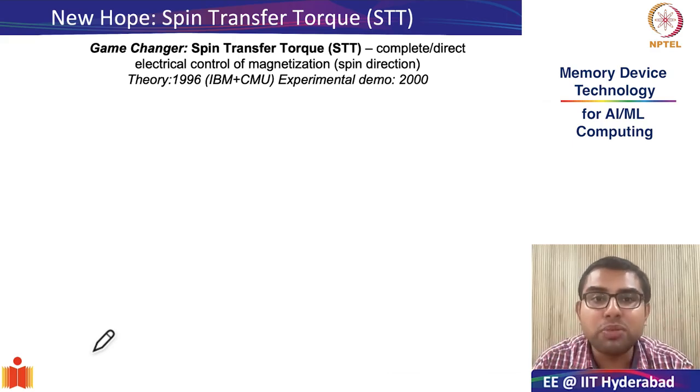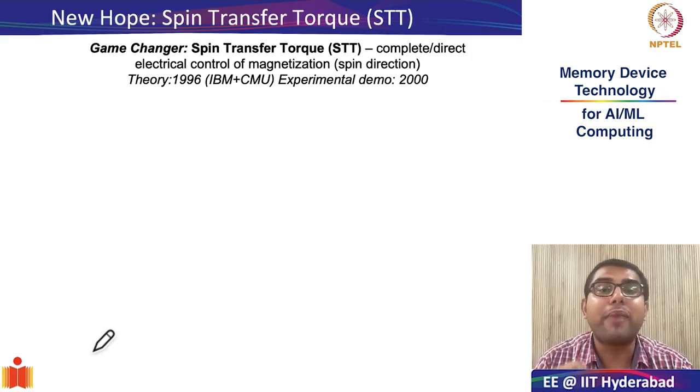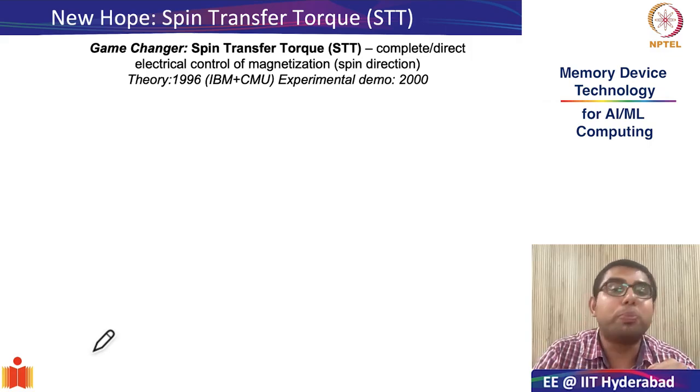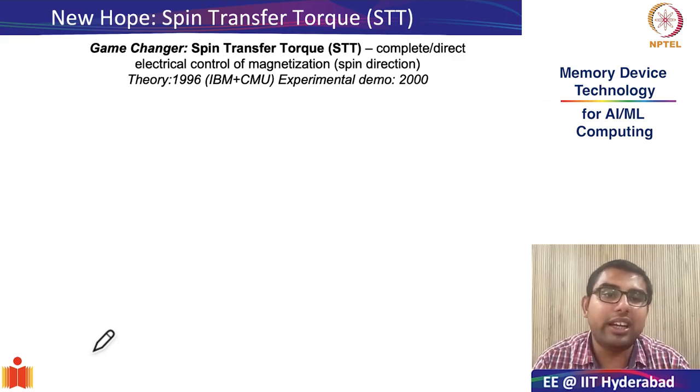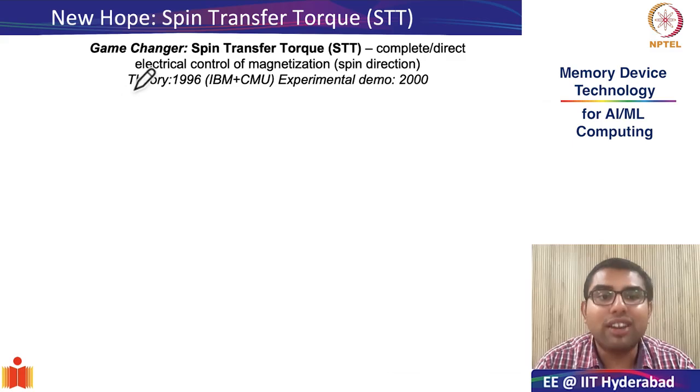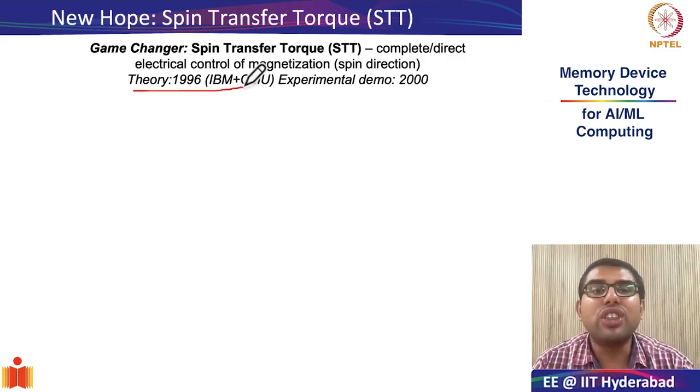And the promise of spin transfer torque, as we will see soon, is the complete and direct electrical control of magnetization or spin direction, majority spin direction in the free layer. One of the interesting things about STT is that first it was predicted in theory.